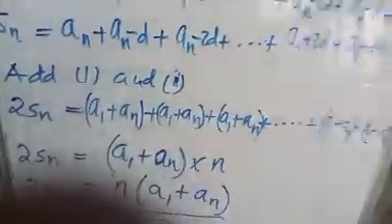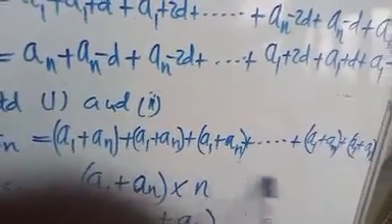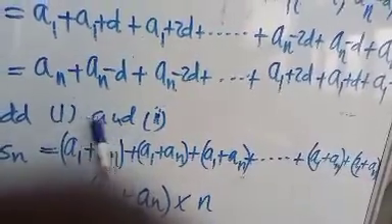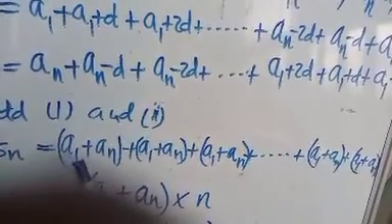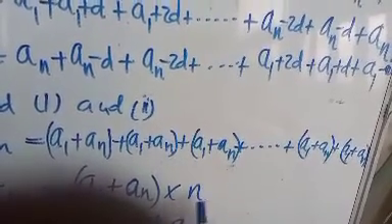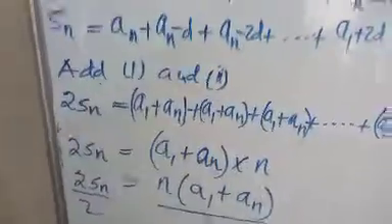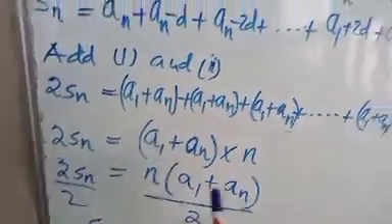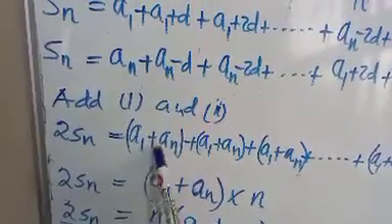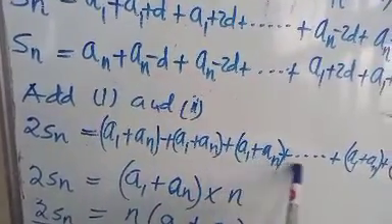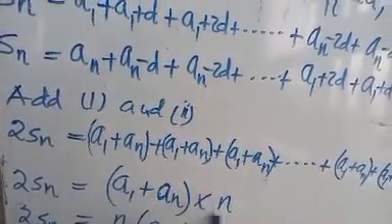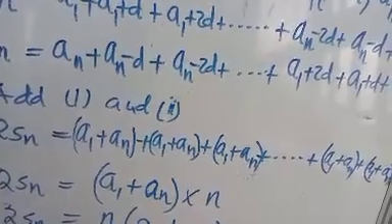Therefore, to find the sum of these, we take one term, which is a1 plus an, because these are the same. Then we multiply by the number of terms, which is n. So we pick one and then multiply by the number of terms.